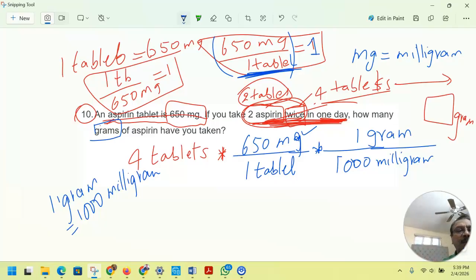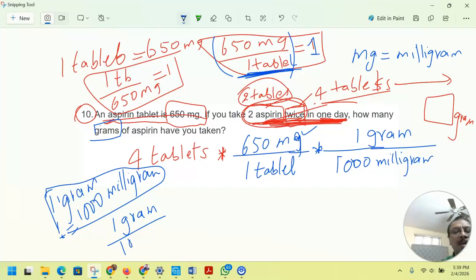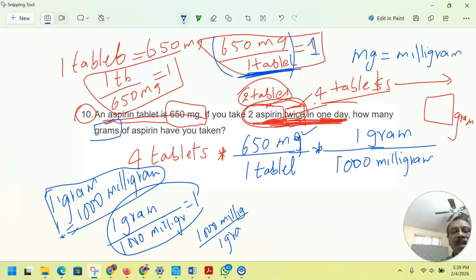So this is from the metric system. One way to write is 1 gram divided by 1,000 milligram is 1. Or you can also write 1,000 milligram divided by 1 gram. So both are the same.